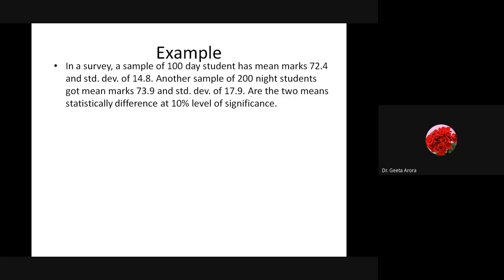Day students study in the daytime, night students study in the night time. Again we have been provided with n1 and n2, x1 bar, x2 bar, and s1, s2. All things are given regarding the samples. We have nothing for the population, and obviously we are going to decide regarding the population.